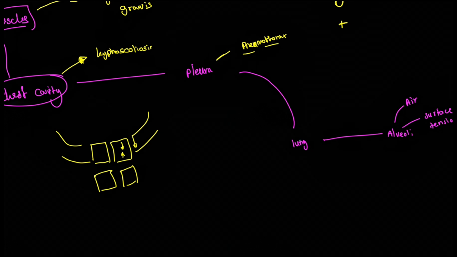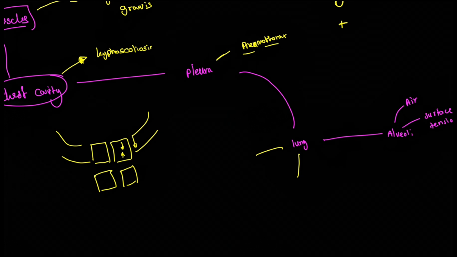And then when it comes to the lungs, we'll talk about emphysema and fibrosis. Fibrosis means that the fibers inside the lungs are increased, then the elastic recoil of the lung increases, so the person won't be able to breathe easily.